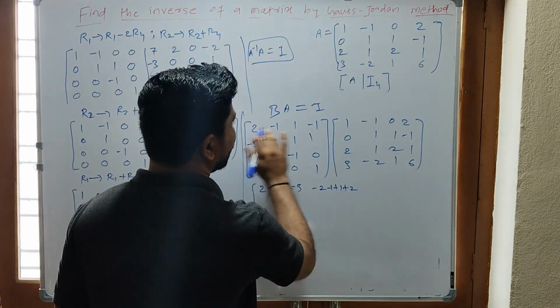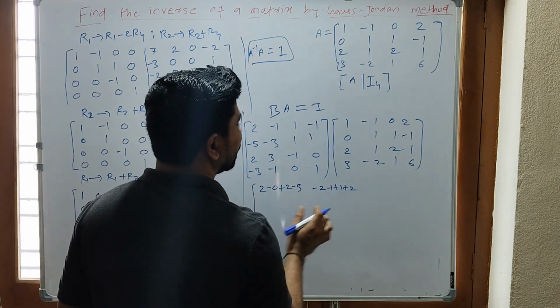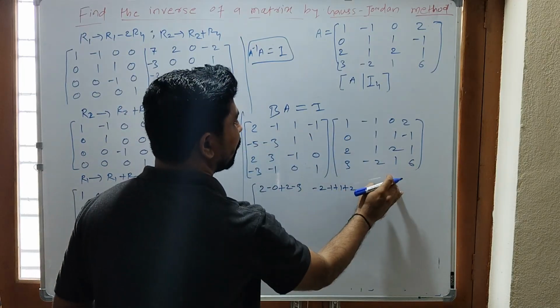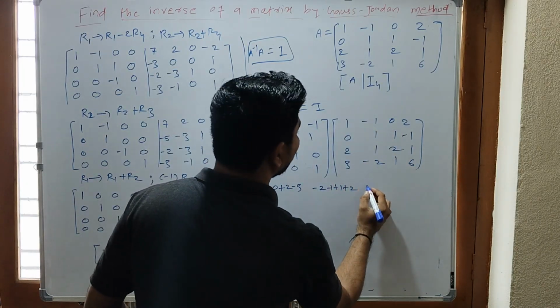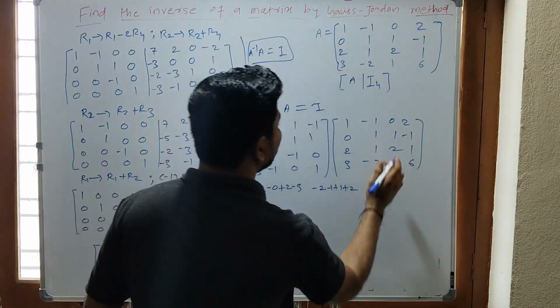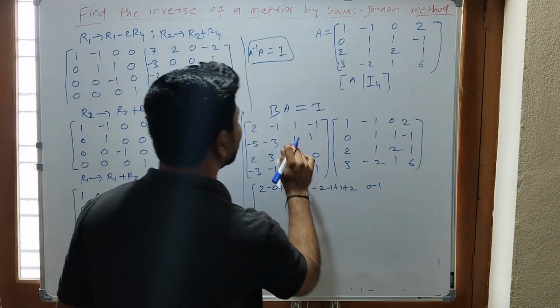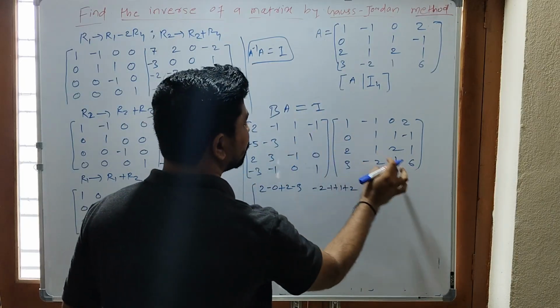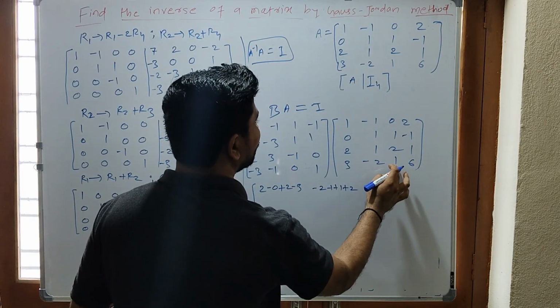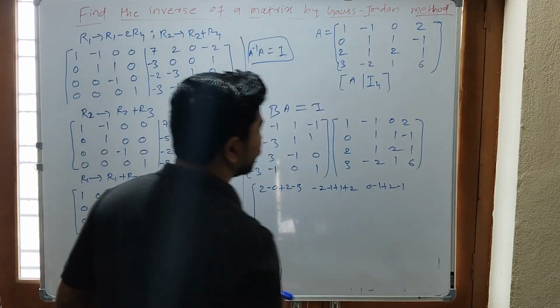So first row second column is this A12 entry, and first row third column is the A13 entry. First row third column: 2 into 0 is 0, minus 1 into plus 1 is minus 1, 1 into this plus 2, this is 2, this minus 1 into this 1, that is minus 1.